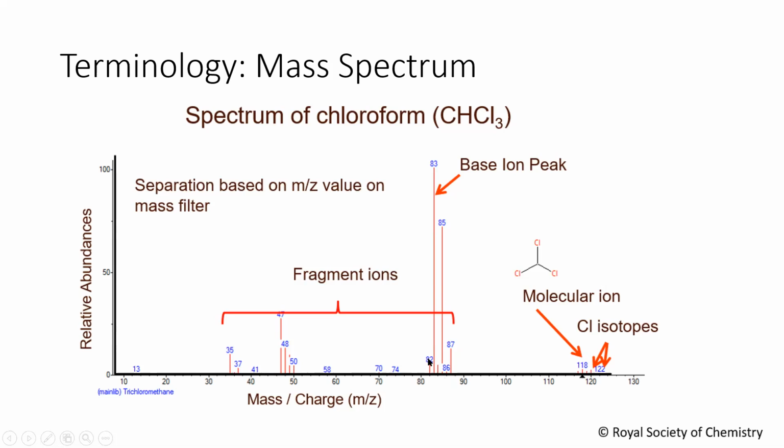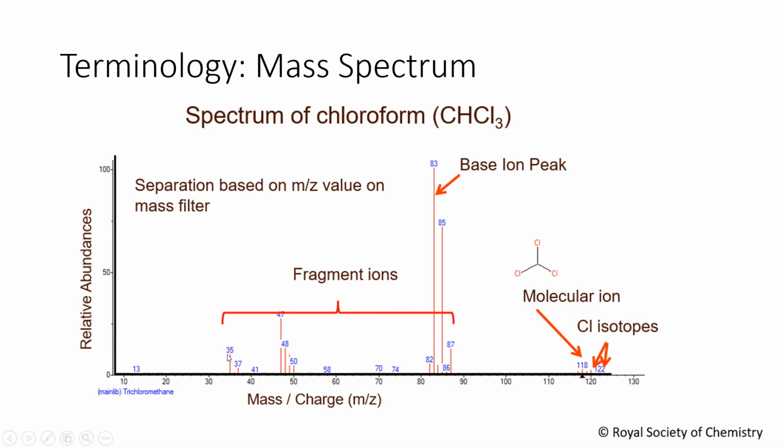You can see that they appear at different integer masses, which correspond to the mass to charge ratio. So you have a peak at 87, 86, 85, 83, and it goes on and on like that. And these are all the possible fragments that are generated from this molecule.